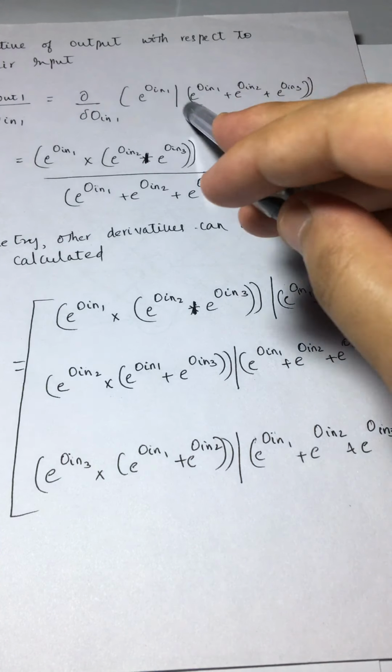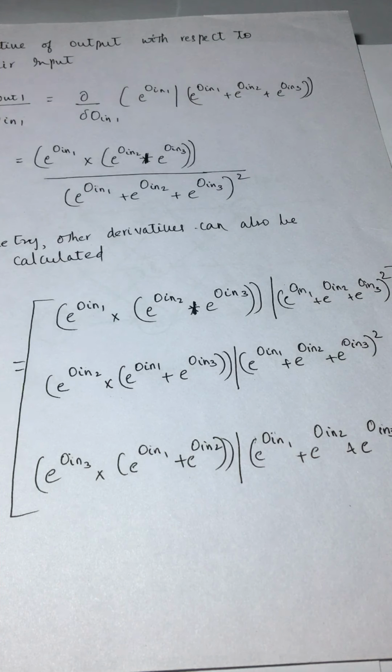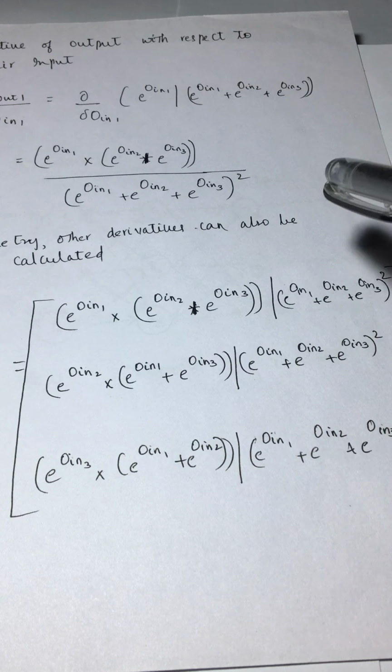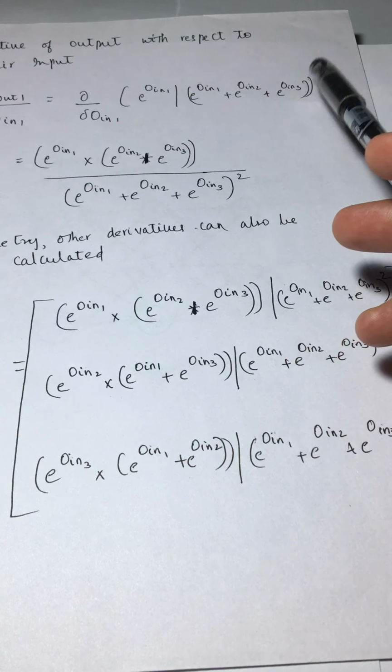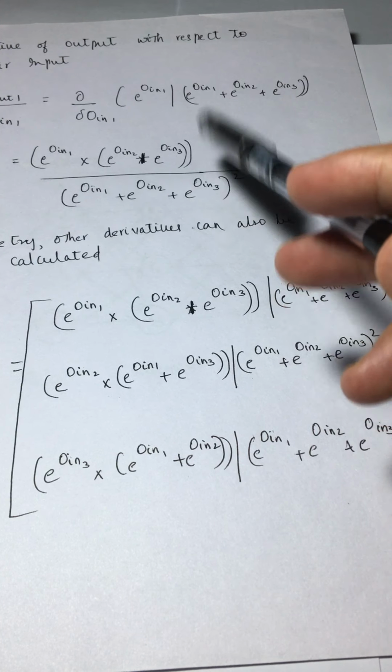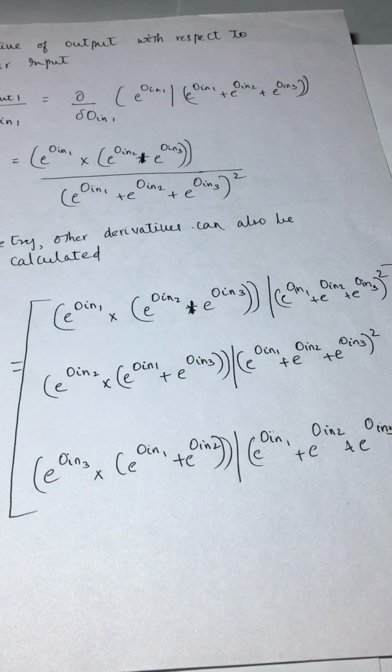You basically need to take the whole denominator as x. I think all of this is basic derivative concepts. You take the whole thing as x, pull it above, and it becomes x to the power of minus 1. The derivative of x to the power of n is n into x to the power of n minus 1. In this particular case it becomes a square, goes to the denominator, and it would have a minus 1 at the end.